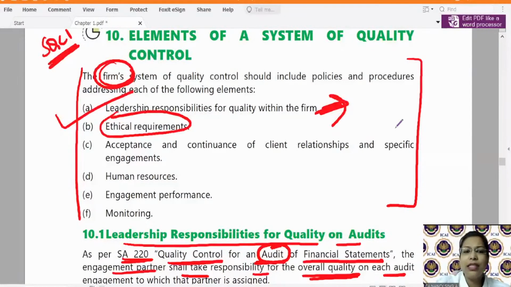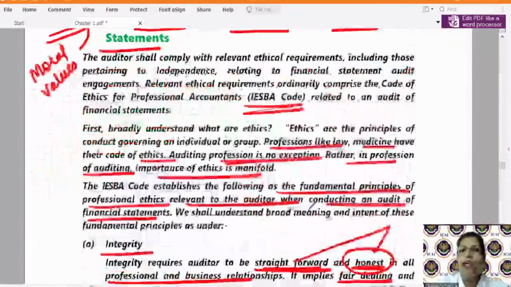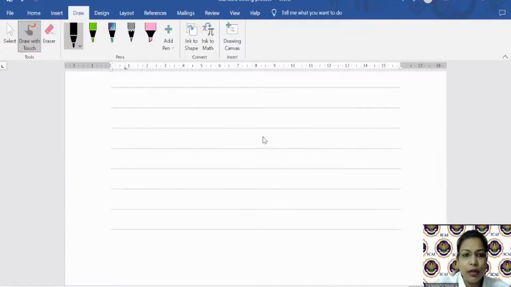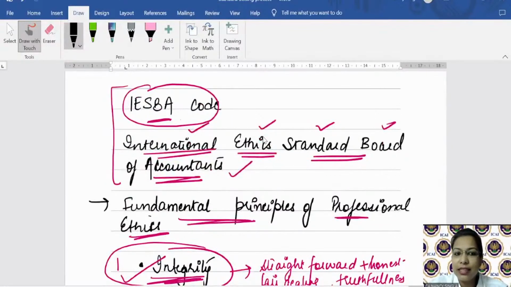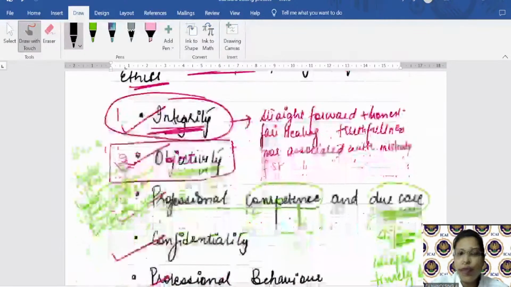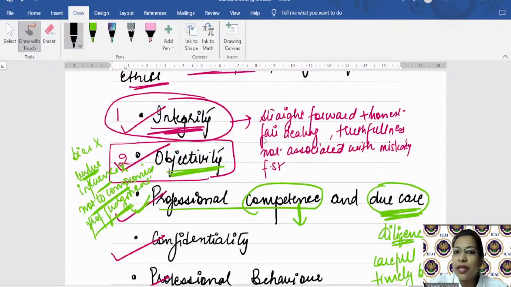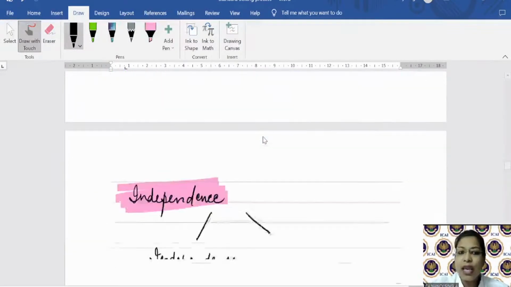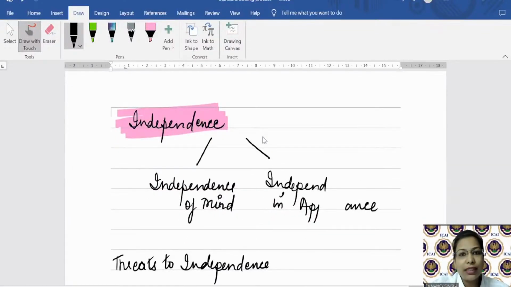Then ethical requirements, whereby in the last session we have done about the IESBA code, the International Ethics Standard Board for Accountants, and it has certain fundamental principles of professional ethics, that these 5 ethical moral values should be there, which are integrity, objectivity, professional competence and due care, confidentiality, and professional behavior. And I told you that all these cannot be exercised unless and until the auditor is independent, right?